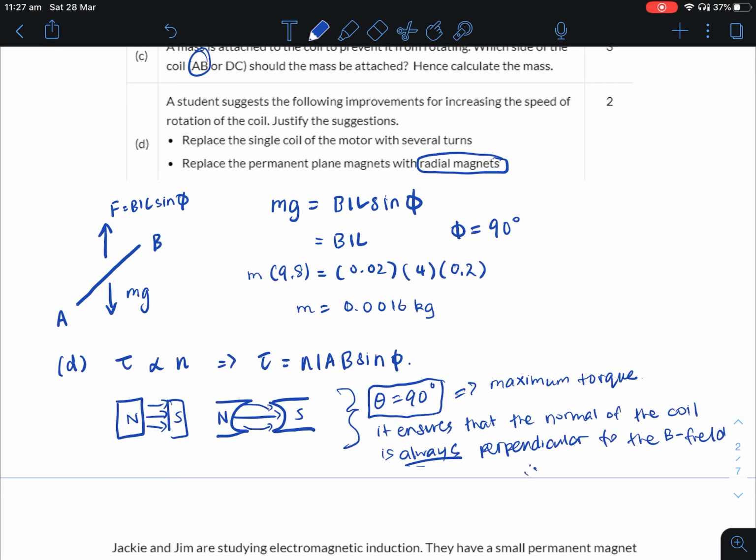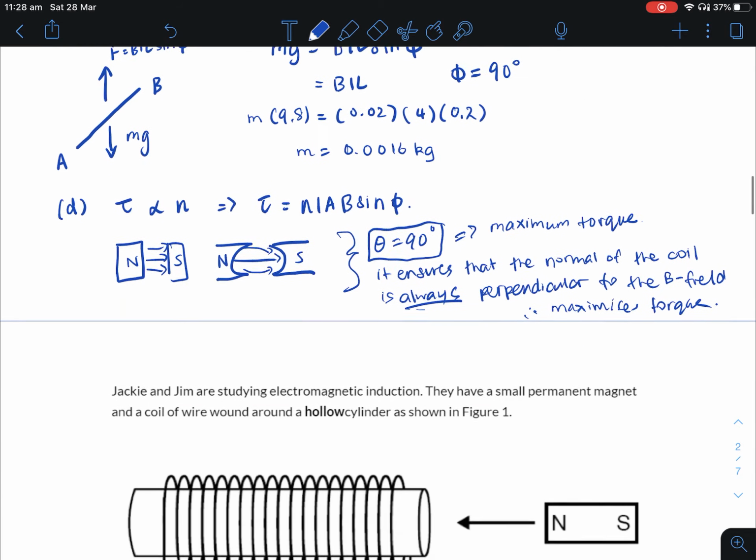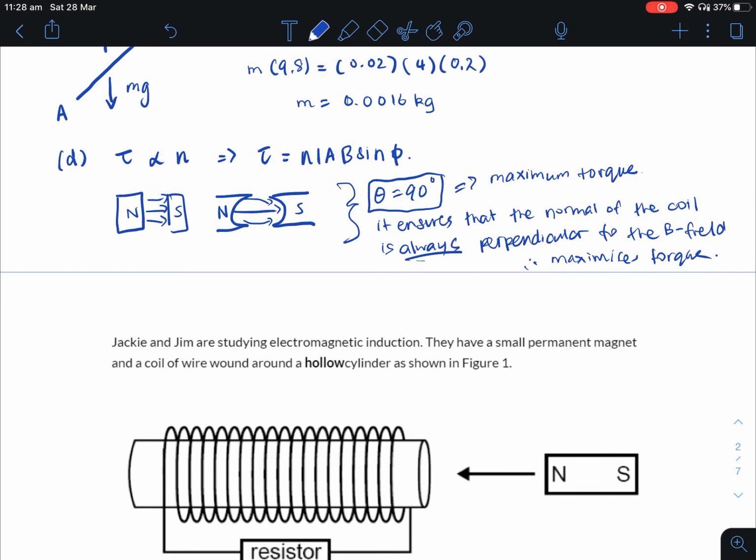Therefore, it maximizes torque. All right, and that is part D.